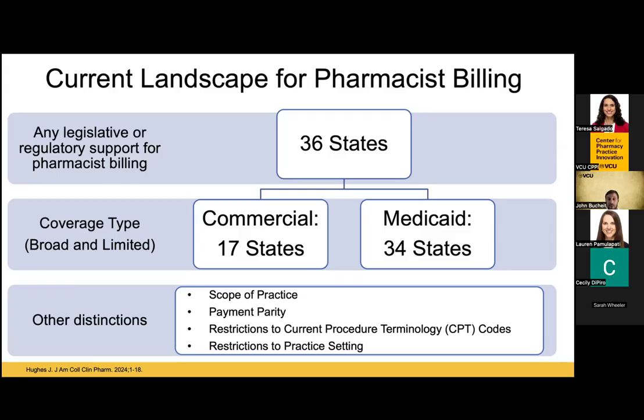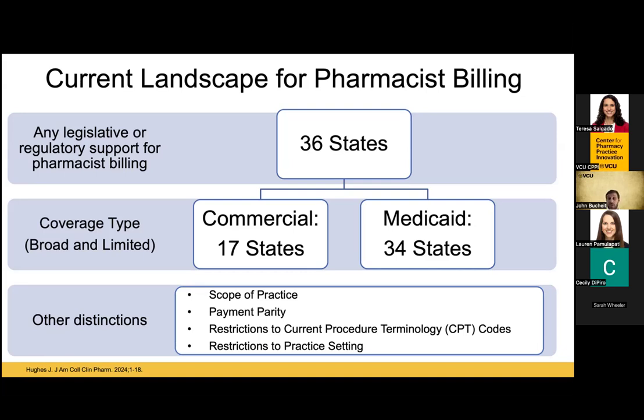I think this, in general, should be a sign of the success that 36 states have some type of legislation that allows us to bill for those higher level of services. Again, there are distinctions. There are scope of practice distinctions. Payment parity is a big term that may come up, which means if we offer a clinical service and another provider offers that clinical service, do they get paid at a different, higher rate than a pharmacist does?